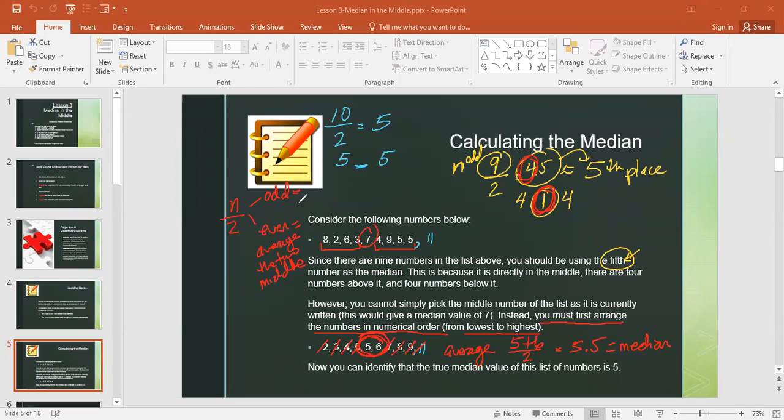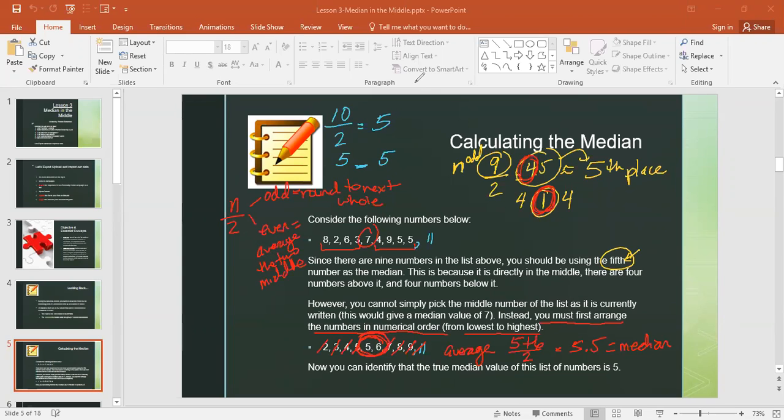Okay, so when your numbers are odd, you're easily going to be able to find it. You just round that decimal to the next whole number. And when your quantity is even, you'll most likely be averaging the two middle numbers there. Okay.